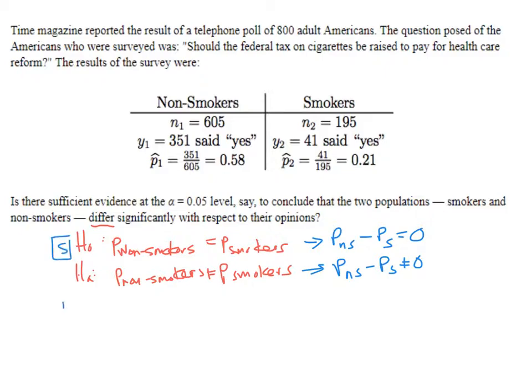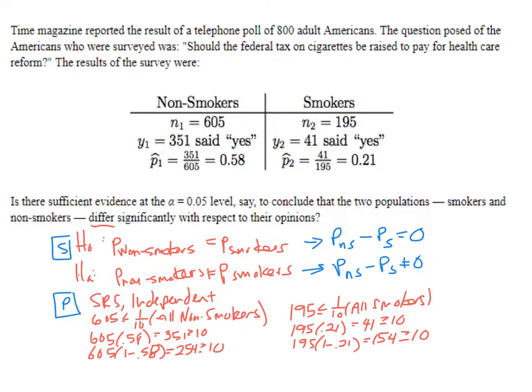Now let's do the plan. I put those conditions in the plan part. Nothing has really changed from our work on confidence intervals. Remember, we need simple random samples. We need them to be independent samples of one another, and even though we drew from the same 800, we separated them into two groups that we then took information within groups.